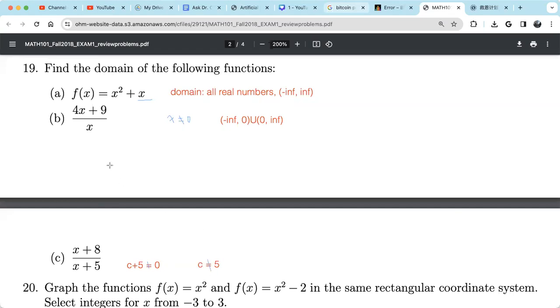In interval notation, we do negative infinity up to negative 5, then union, open parentheses, negative 5 up to positive infinity. Because negative 5 plus 5 would be 0 in the denominator, which is illegal in mathematics, right?